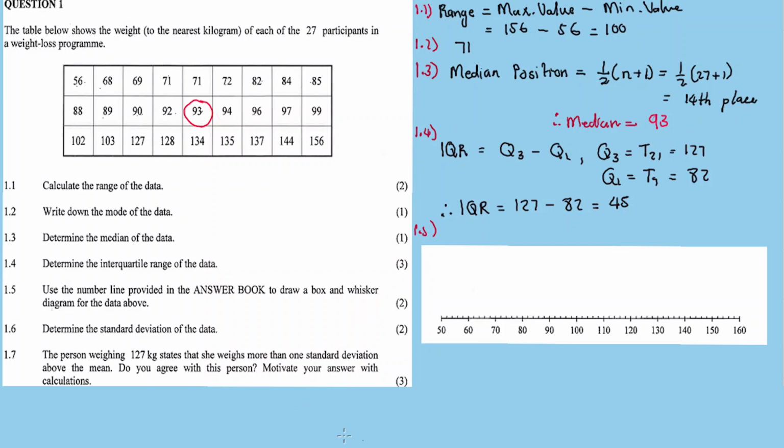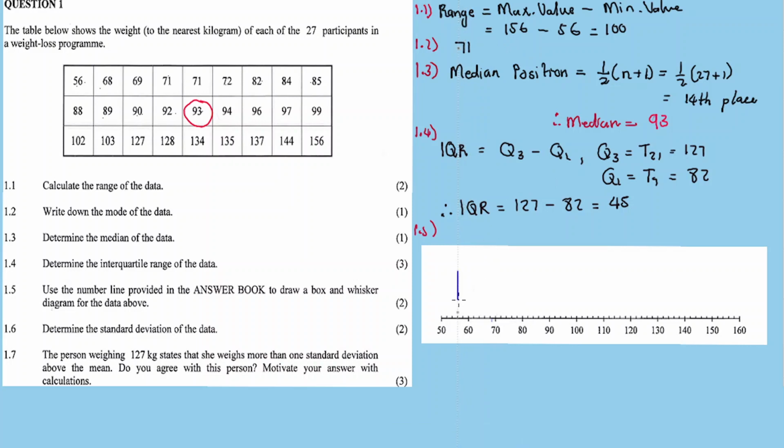So the first plot we make, what is it? It's the minimum value. Let me get a ruler. The minimum value is 56. So 2, 4, 6 somewhere here. 2, 4, 6, now 6.